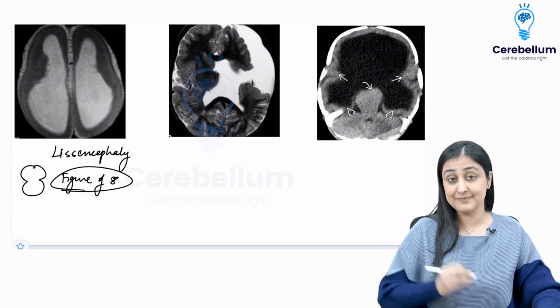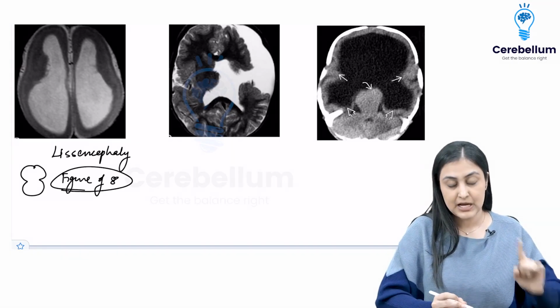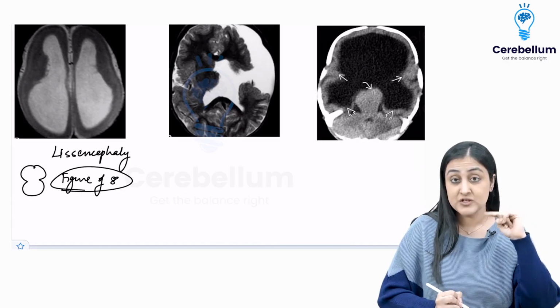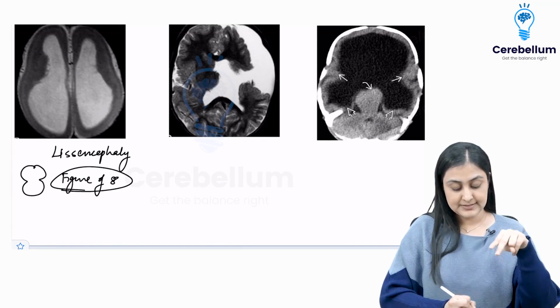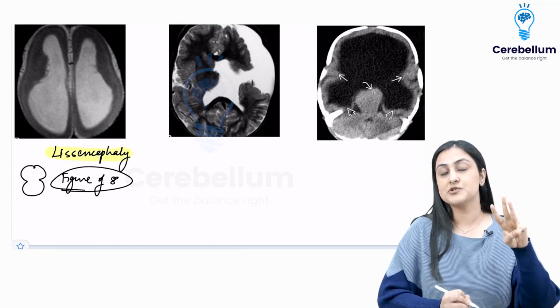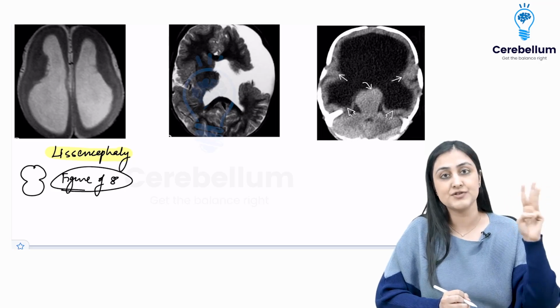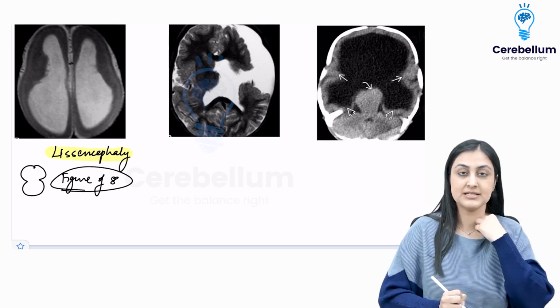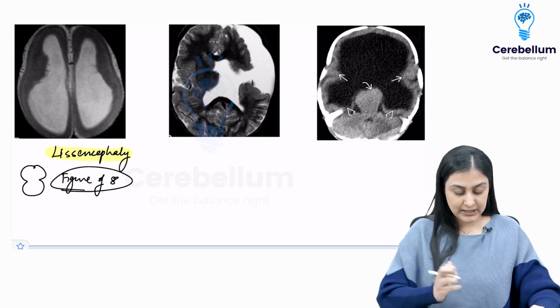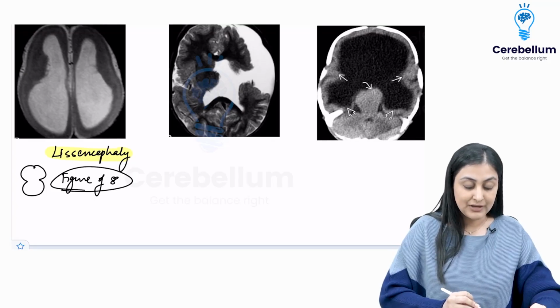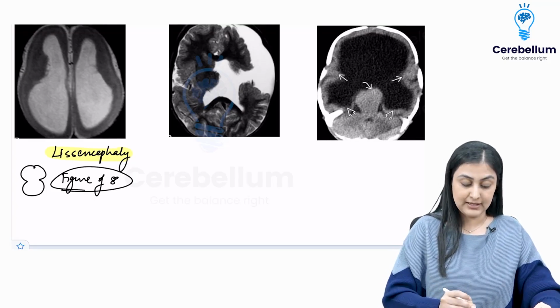So figure of 8, third place where we see this. First is what we have seen in this lecture itself, pituitary adenoma. Second is lissencephaly, and third is what we will study in the cardiovascular system in TAPVC, totally anomalous pulmonary venous connection. Okay, so this is lissencephaly where you have absent gyri and sulci.